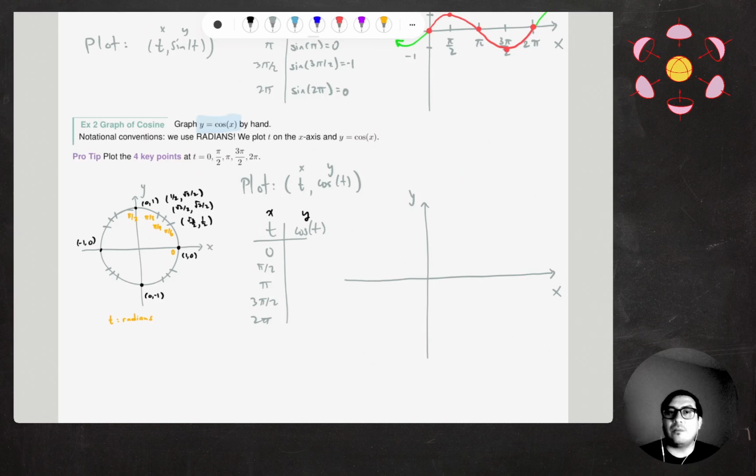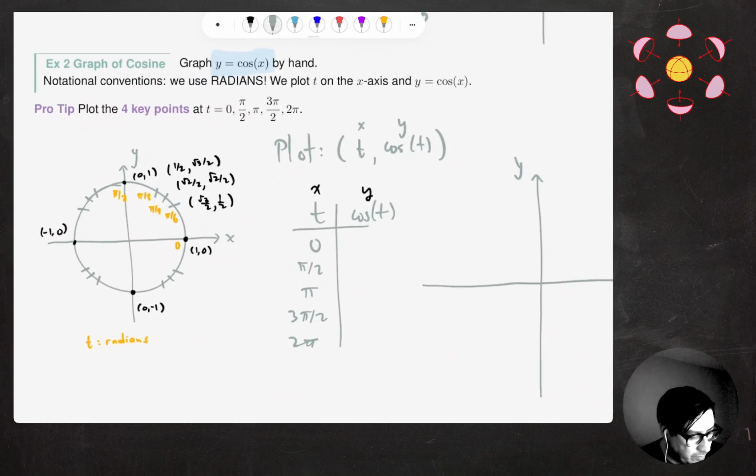The y is now cosine of t. Let me zoom in a bit. We're going to evaluate cosine of 0, cosine of pi over 2, cosine of pi, cosine of 3 pi over 2, and cosine of 2 pi.